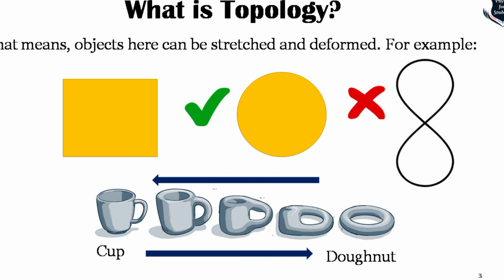So what you can understand is that the shape of a square would be something which is similar to that of a circle. If you see on the screen, I have shown that the square is similar to that of a circle, but that is not similar to a figure 8.